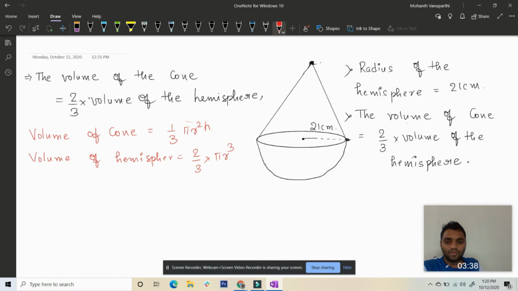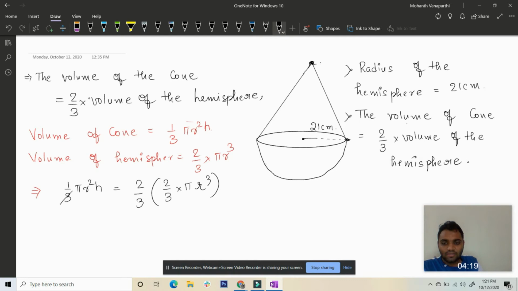Okay, let me substitute these formulas in the above expression. When I do that, 1 by 3 pi r square h is equal to 2/3 of 2 by 3 pi r cube. We have 1 by 3 on both sides.